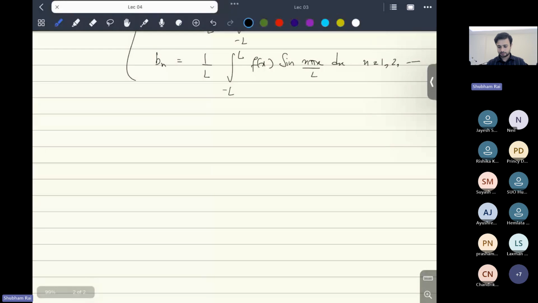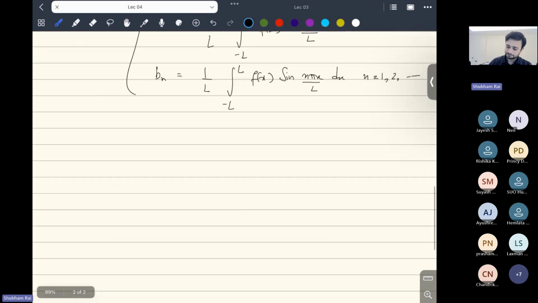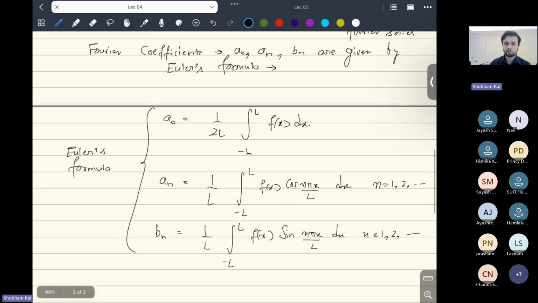So let me just tell you how to obtain these Fourier coefficients. To obtain these Fourier coefficients, we utilize orthogonality of the trigonometric functions. So what do we mean by orthogonality of the trigonometric functions? When two things are orthogonal or perpendicular, then their dot product is zero, right?